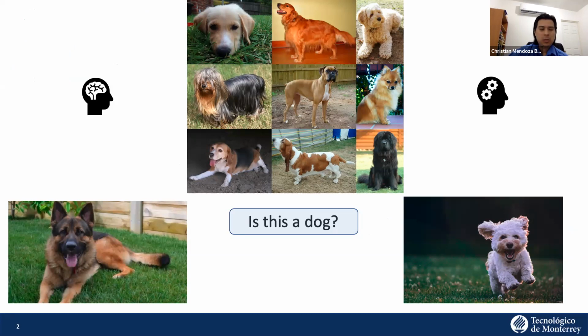And this is something that we humans do quite easily because we have adaptive brains to recognize animals in our environment, and any other object for that matter. But let's focus on the dog example for now.